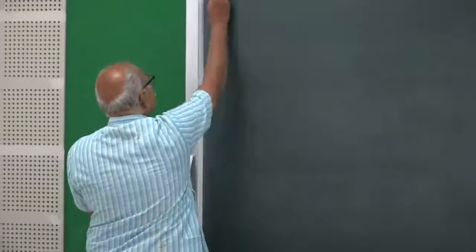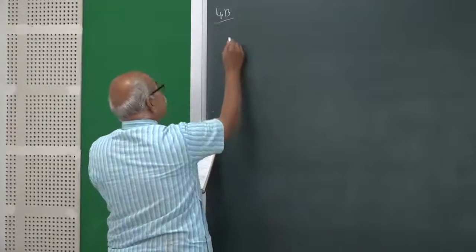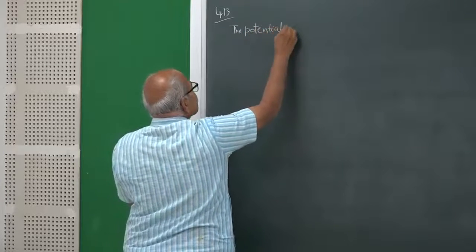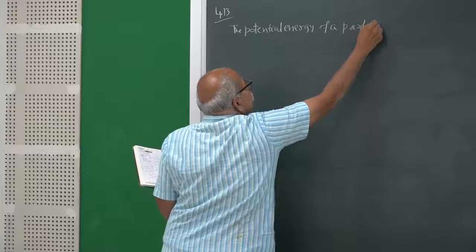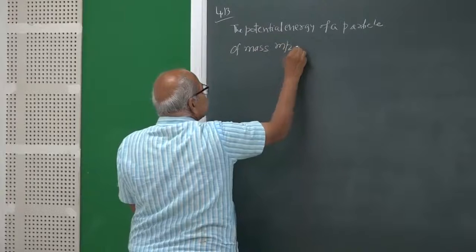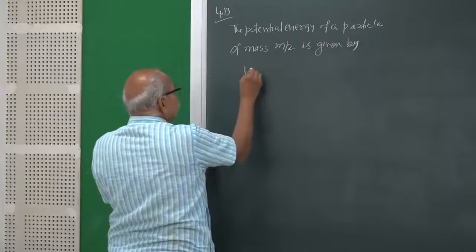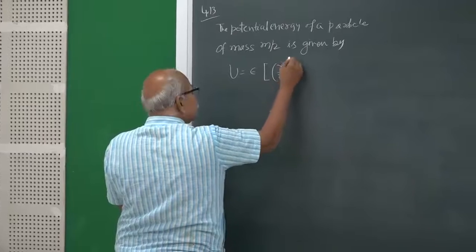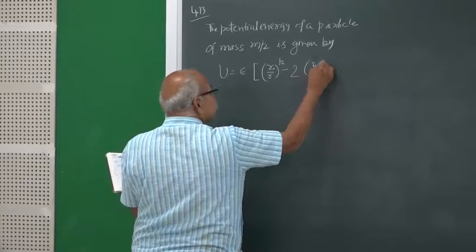This particular problem is based on question number 4.13 of Kleppner, and it says that the potential of a particle of mass m by 2 is given by u equal to epsilon times (r naught by r) to the power 12 minus 2 (r naught by r) to the power 6.